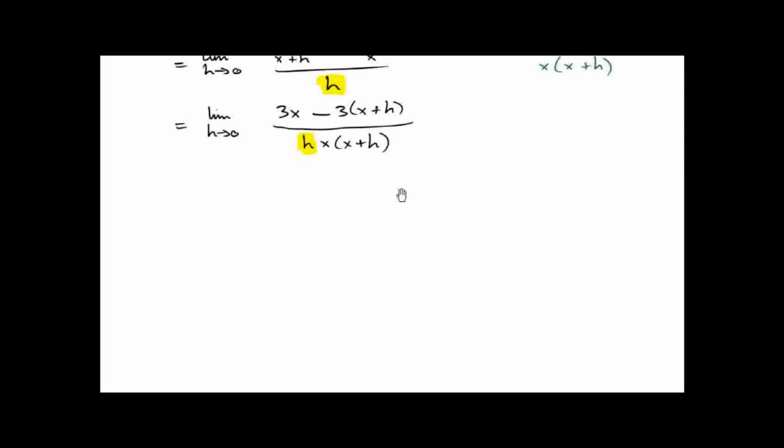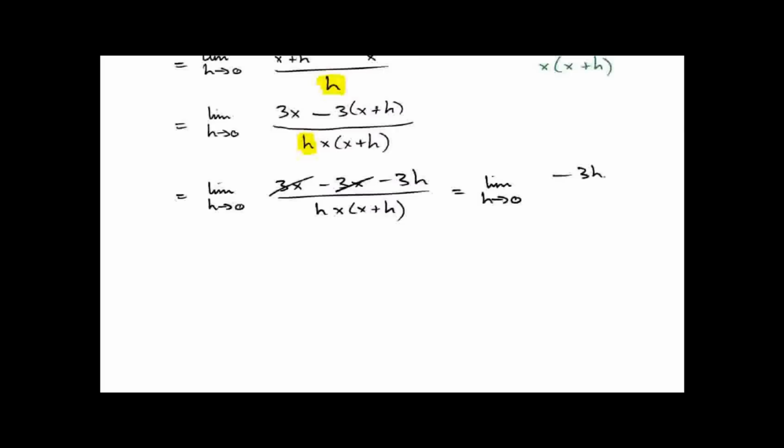So when I multiply this out on top, I get the limit as h goes to 0 of 3x minus 3x minus 3h divided by h, x, and x plus h. And the good news is plus 3x and minus 3x cancel out. So I'm left with the limit as h approaches 0 of minus 3h divided by h, x, and x plus h. Okay? And then what's the good news in our future?